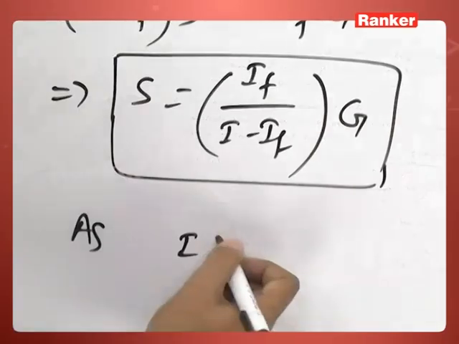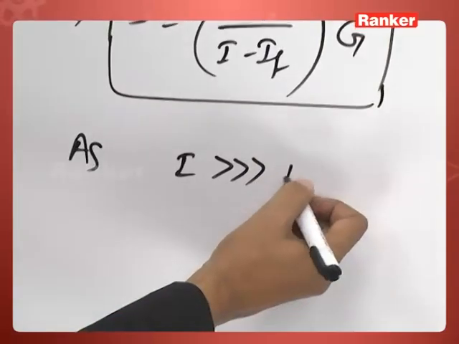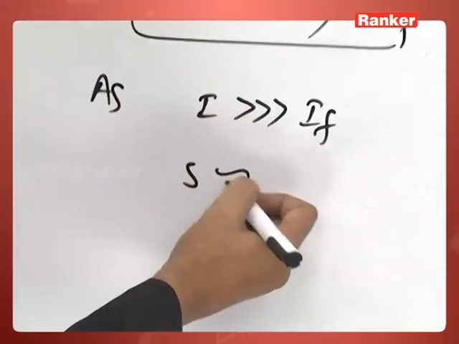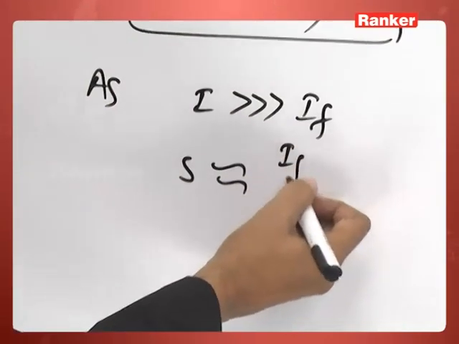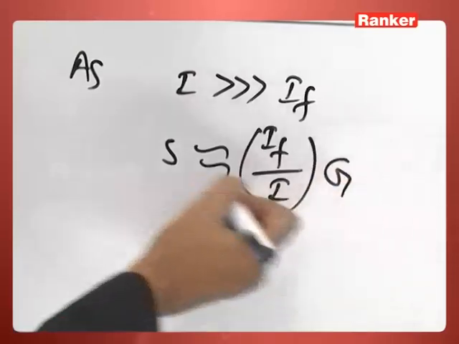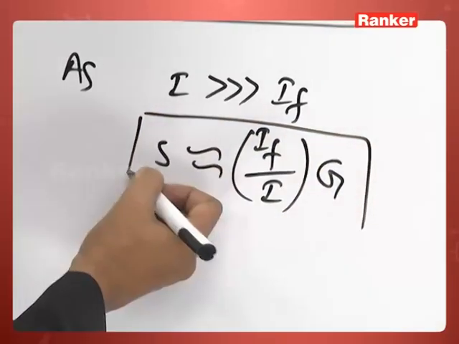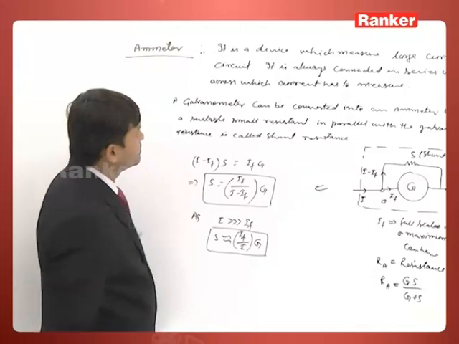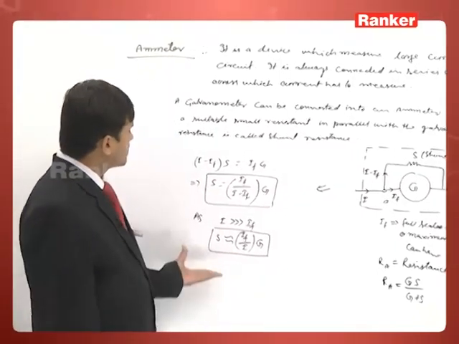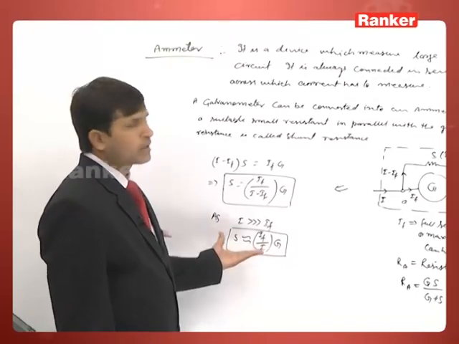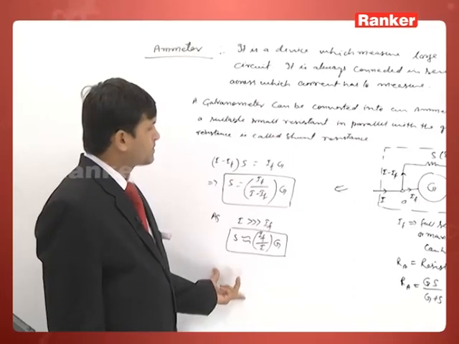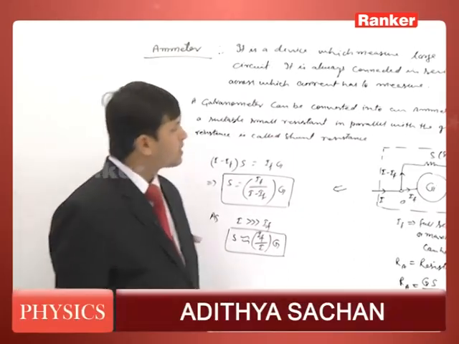So as I is very, very large compared to IF, we can have S approximately equal to IF by I into G. So shunt resistance can be given by this expression also. This is the basic construction, or conversion of a galvanometer into an ammeter, but there are certain problems here also.